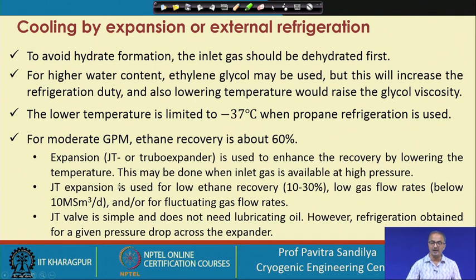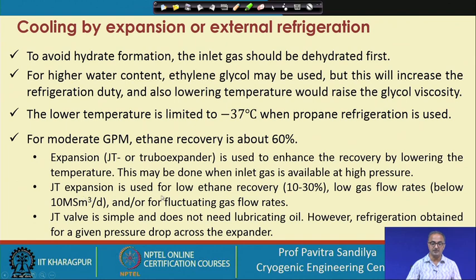As we learnt earlier, expansion also causes a pressure drop, and pressure drop means we are losing the energy for the flow, so we then need to compress the gas to a higher pressure. If we have the inlet gas initially at a high enough pressure, then expansion is recommended.